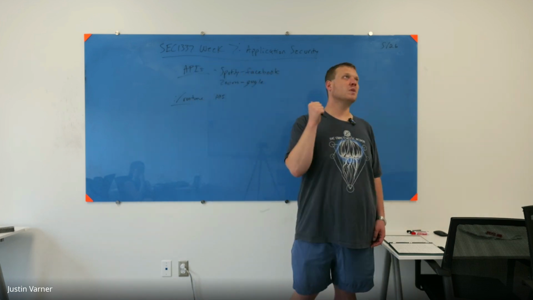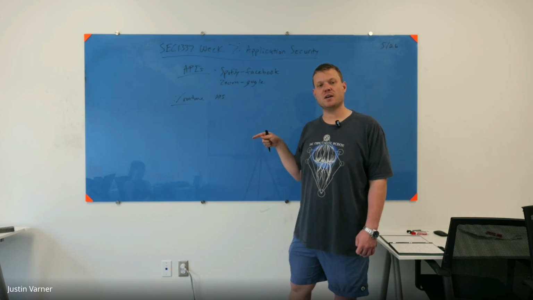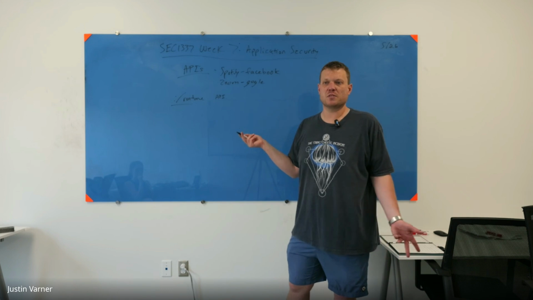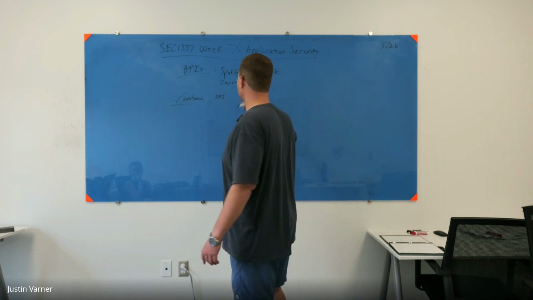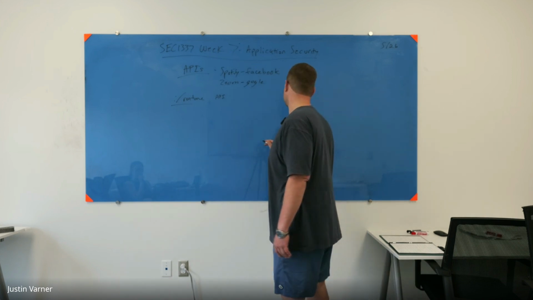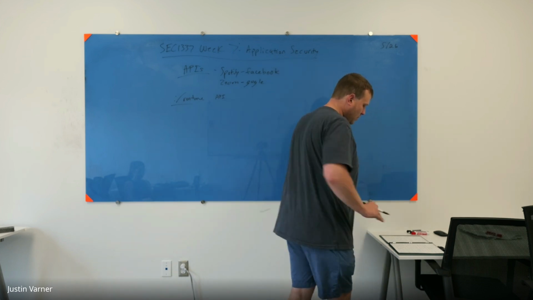Remember from, I think, lesson 1, authentication is proving you are who you say you are. Authorization is proving that you can do what you're supposed to be able to do. And authentication and authorization are often lacking significantly in APIs just because people don't really think about them. And so that's a really big issue.